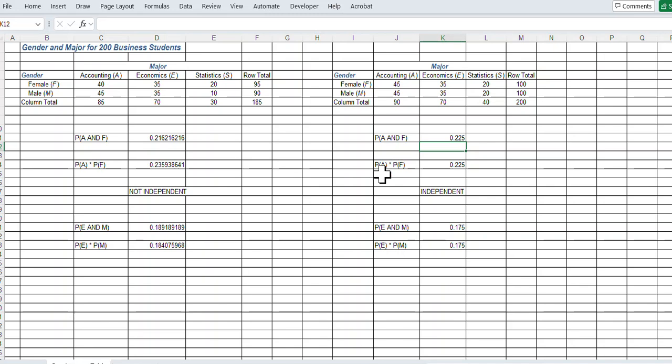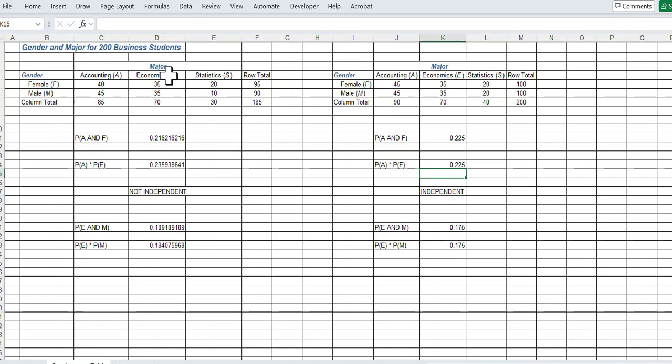And if I take them separately, the probability of an accounting major is 90 out of 200 times the probability of a female major, which is 100 out of 200, and I get 0.225. They are independent. So gender and major are independent in this example.